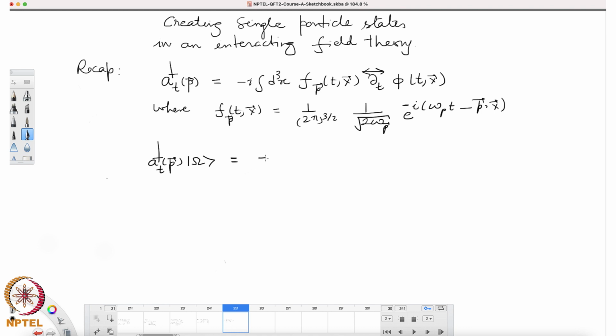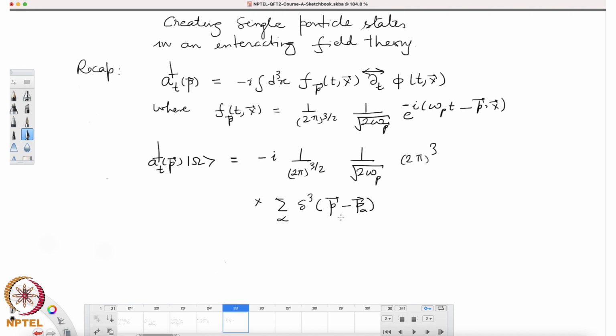Let me write down all these factors for easy reference. There was a 2 pi cubed, and then we had a sum over all the states, single particle states, vacuum, everything else.